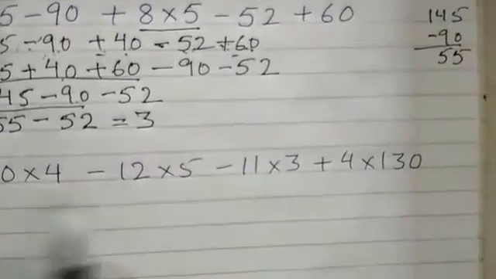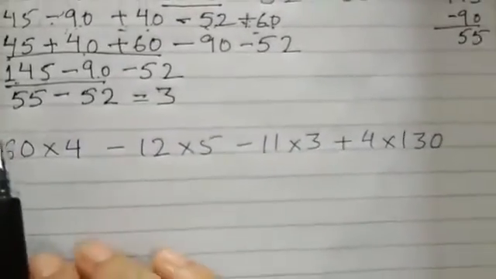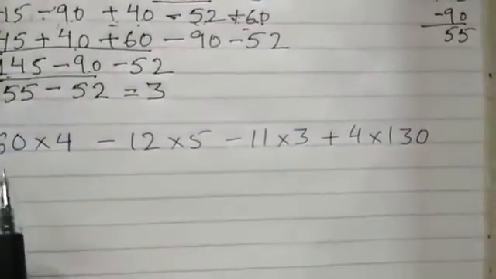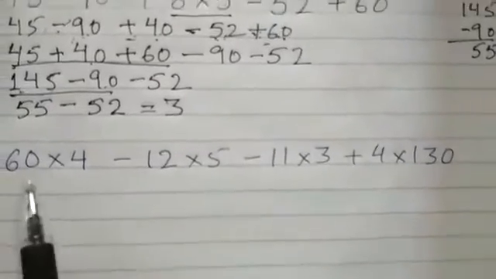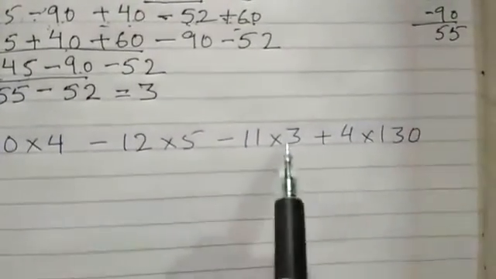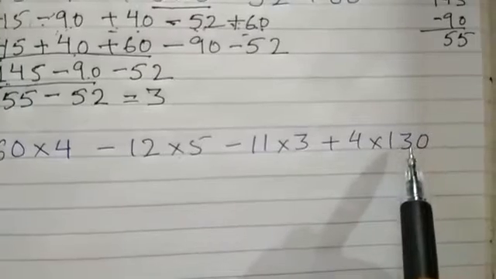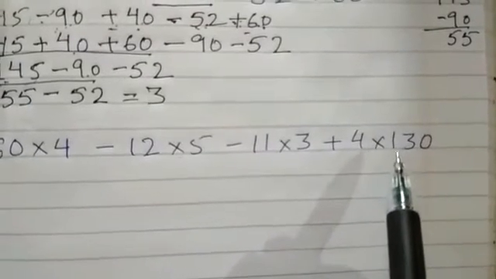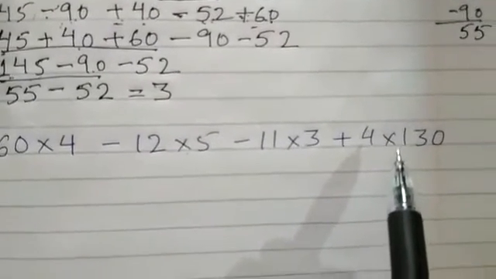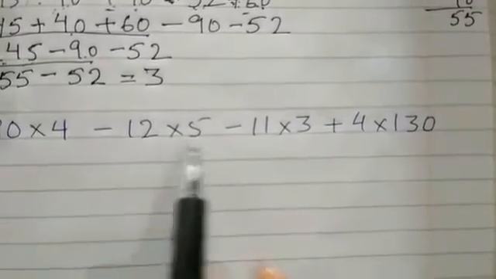Going to the next problem, which is longer than the earlier one and has 4 multiplications in it. You can solve any of the multiplications, or all of them together. There is no preference in the order of solving.